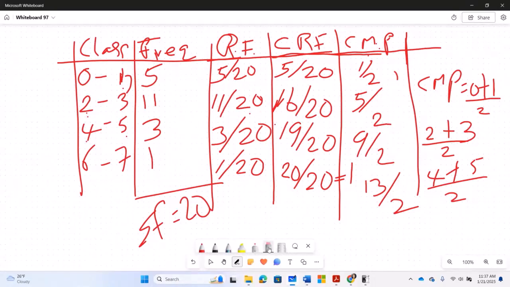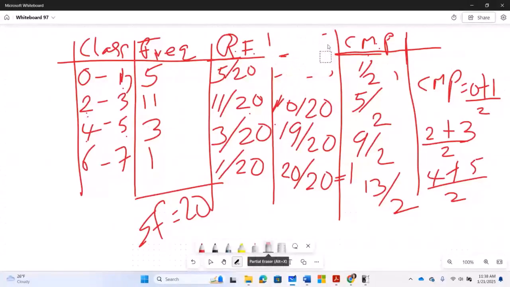Then we found the relative frequencies, the cumulative relative frequencies, and the class midpoint. For right now, I don't really need the cumulative relative frequency and the class midpoint. So what I'm going to do is clear the right two columns so that I can draw a histogram of the data. I'm going to draw that by hand.